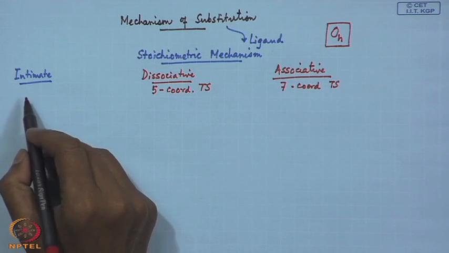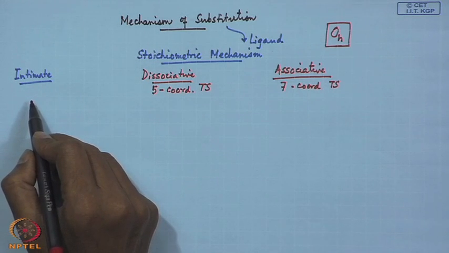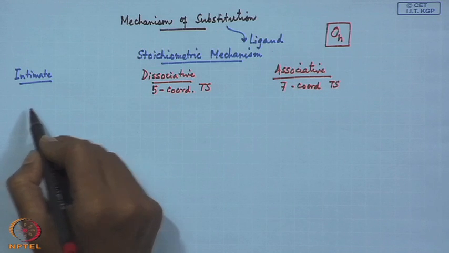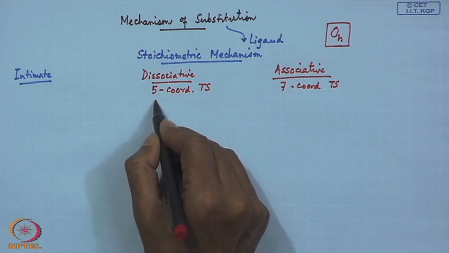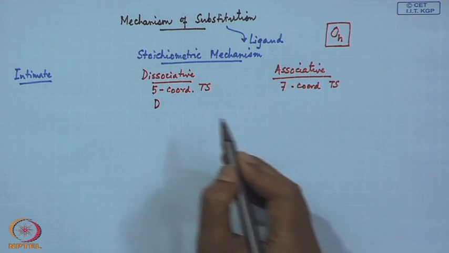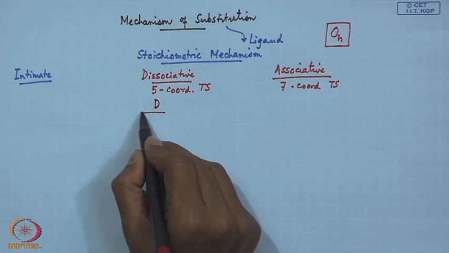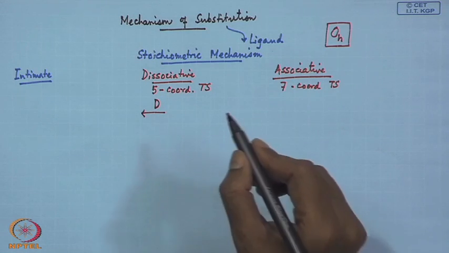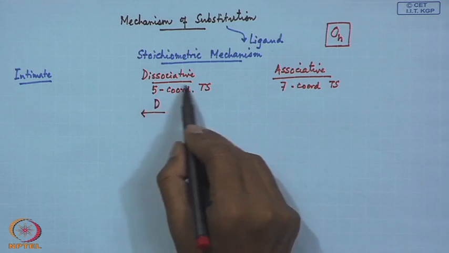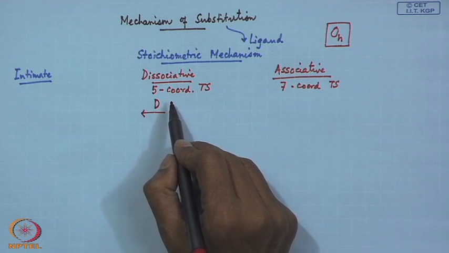So, we can have two different types of activation, the dissociative activation and the associative activation. We have the mechanism known as D, where in the extreme case we have the corresponding dissociative activation and we get the corresponding 4 coordinated compound.